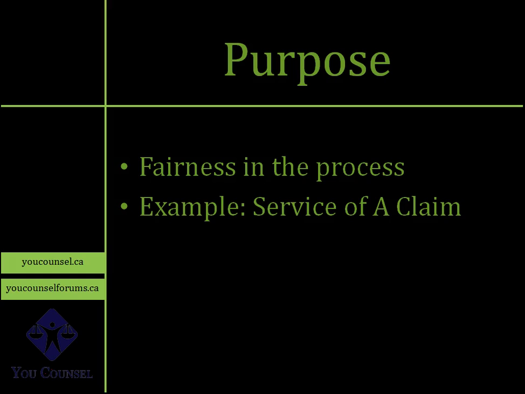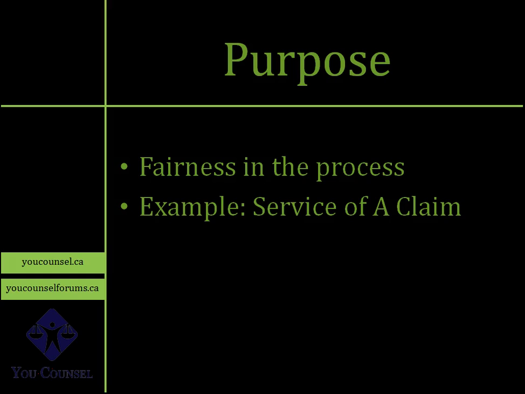For instance, if you put that claim in the mail at the last known address of that person and send it out, and that person does not receive it, and you go to the judge and say, I have served the claim, I sent it by mail, and if the person is not defending, I want you to grant me the judgment because that defendant is not here, right? That may not be a fair process because there's no way to confirm or verify that the person actually received that particular claim.